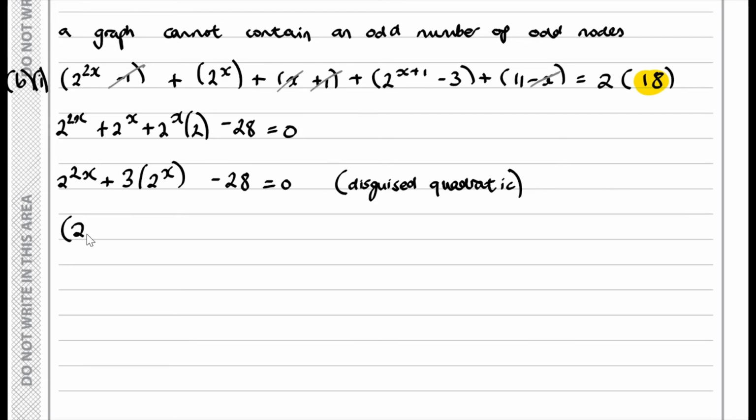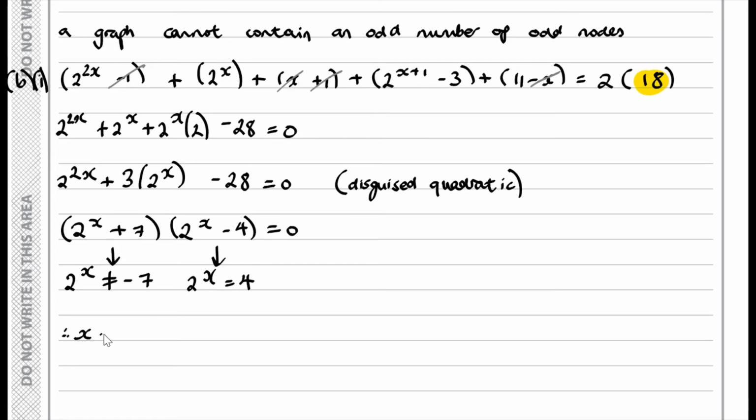We can factorize that as 2 to the power of x plus 7, lots of 2 to the power of x minus 4, equal to 0. Of course, from here, 2 to the power of x cannot equal minus 7, because we can't solve this using the laws of logs. From here, we have 2 to the power of x equaling 4, and therefore the only solution is x equal to 2.